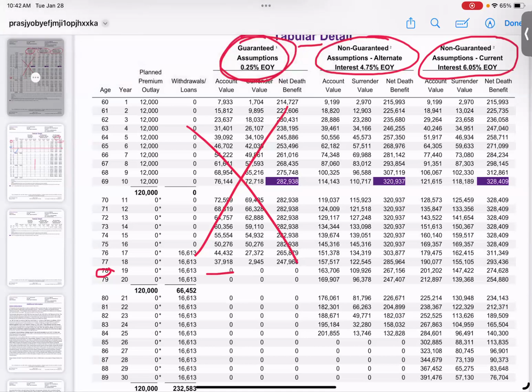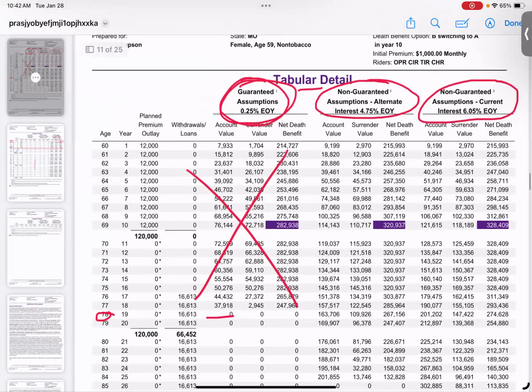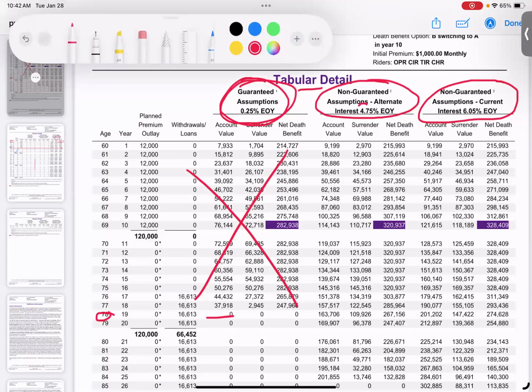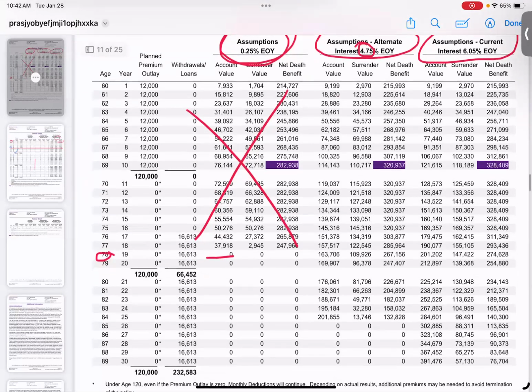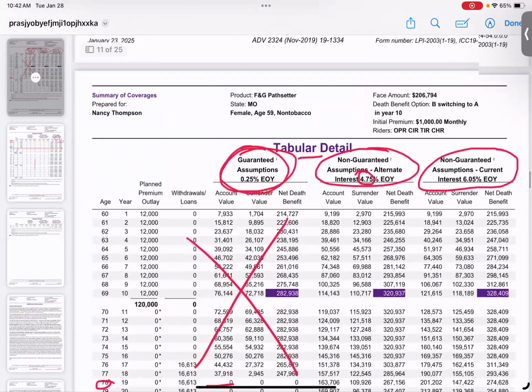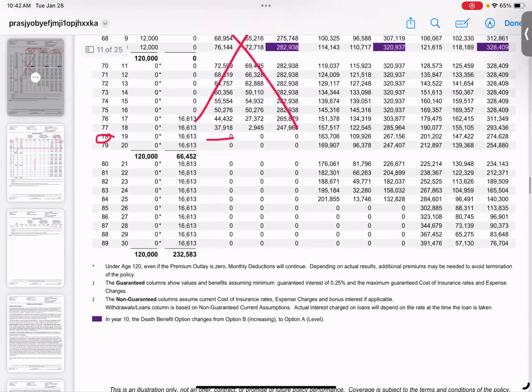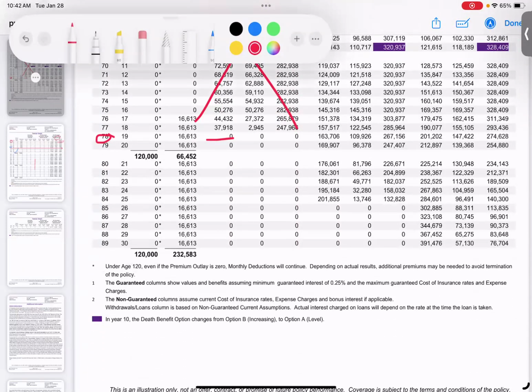Then I go over here, Solis, and I say, if you were to get a non-guaranteed interest rate of just 4.75%, if we only got that back from the market for the next 10 or 20 years, it still looks like, and this woman is 59, your money would not run out until age 85.